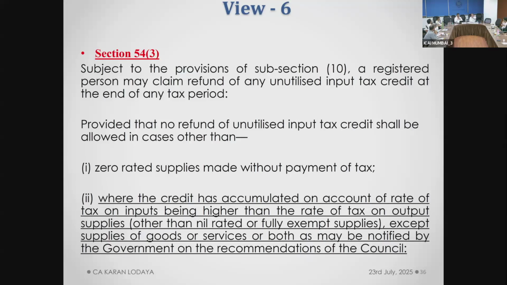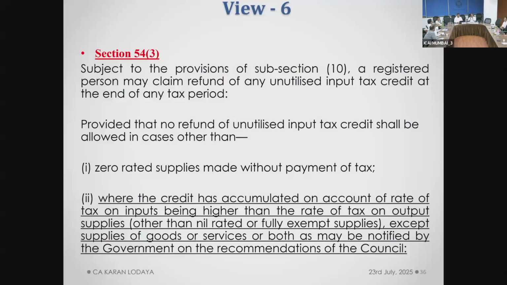So take an example, you bought 10,000 units. Okay, rate was 18%. Out of that 10,000 units, you have 1,000 units as on 30th September. The sale rate now goes to 12%. So obviously those 1,000 units you are going to sell at 12%. So assuming you did not have any other operations, normally your ITC balance would also correspond to those 1,000 units.